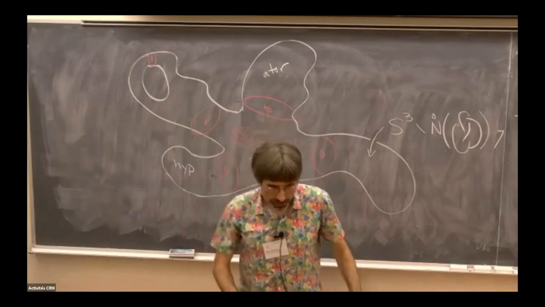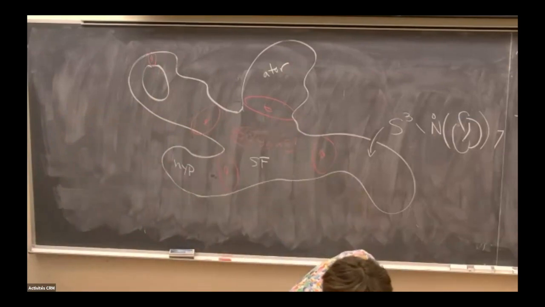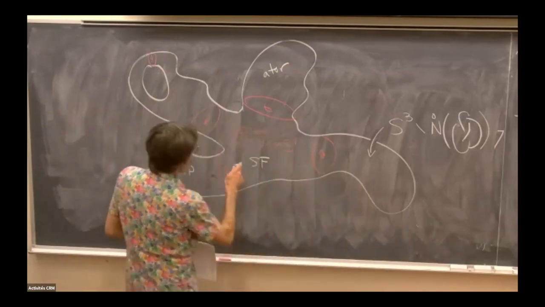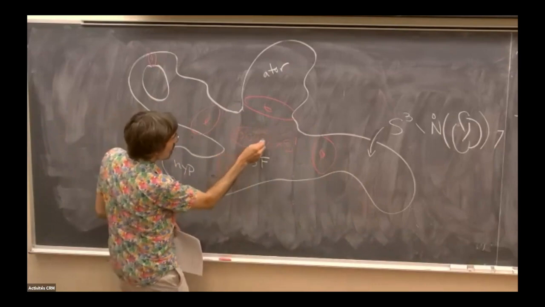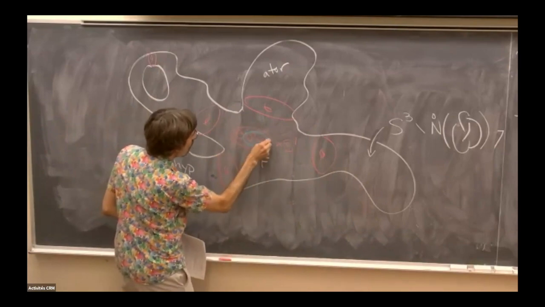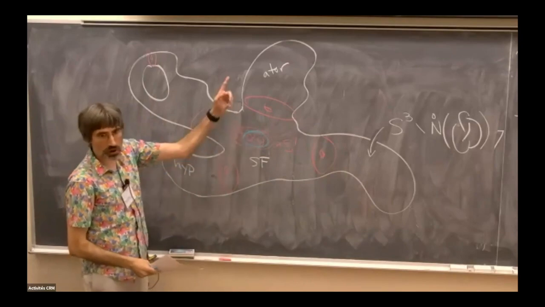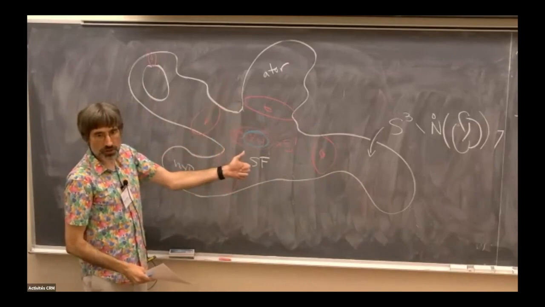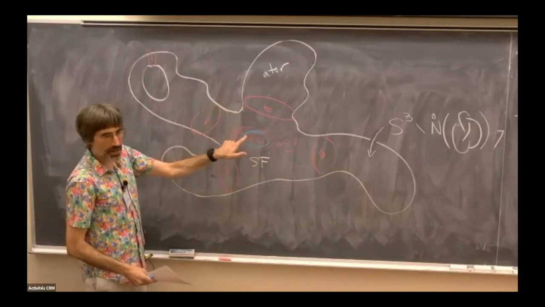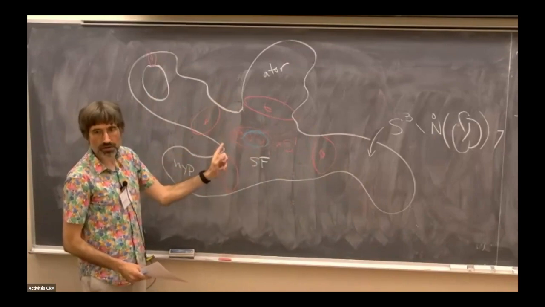The reason you say minimal is there are lots of extra tori hiding in this thing. If I circle, say, these two boundary components and cross that with a circle, that's another torus. And there's another one here, and actually there are lots more that are a little harder to see.